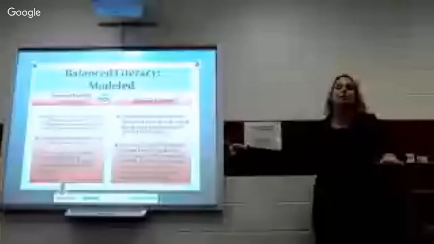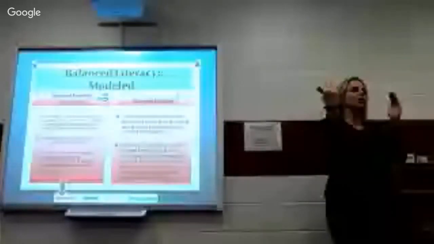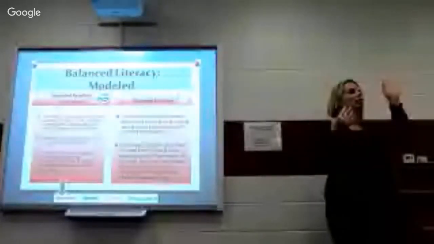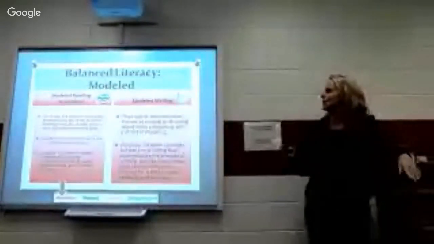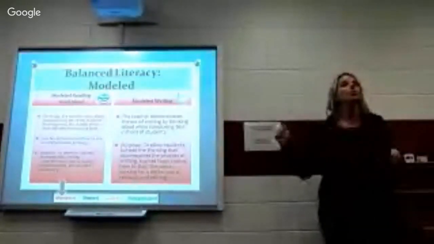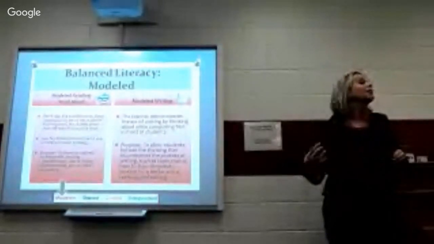Now, when we look at balanced literacy, we also look at the writing side. So we're looking at all of this for reading and writing. When we look at model, it's you modeling the writing for the student. For emergent writers, it might be very basic. Maybe it's writing about our experiences.